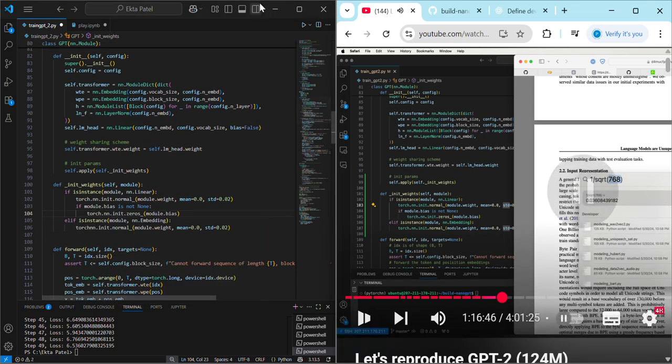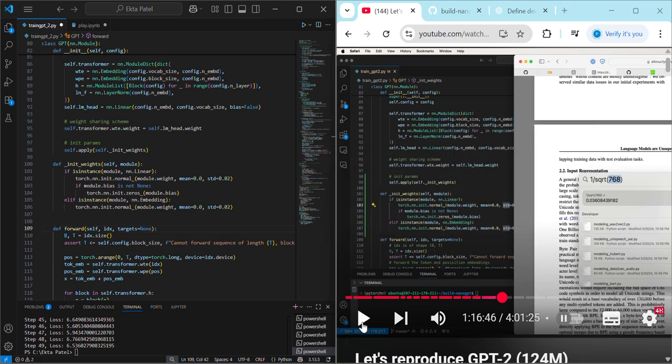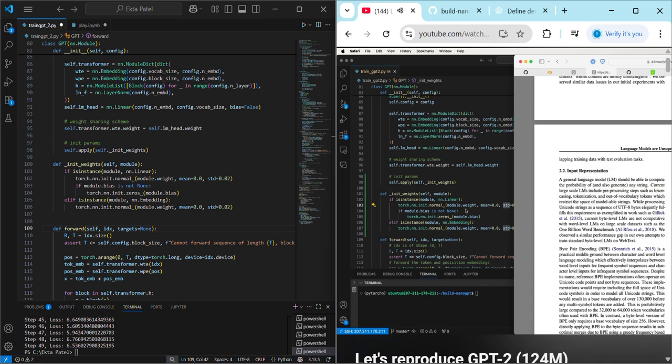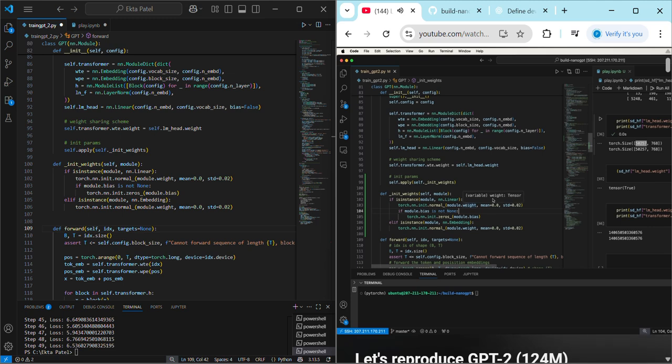If we plug in 1600, we get 0.02. If we plug in 3 times that, 0.014, etc. So basically 0.02 is roughly in the vicinity of reasonable values for these initializations anyway.